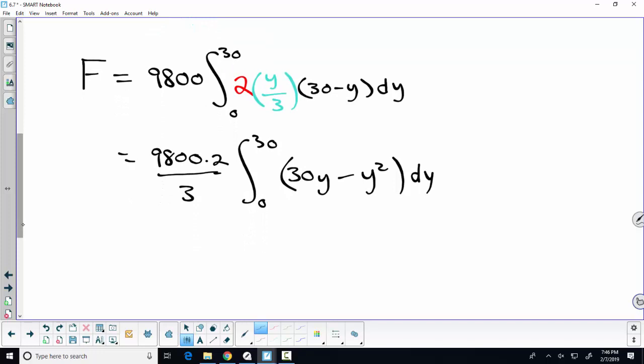Do y'all have any questions on the setup? Huh? This one? The 2 on the left. Yeah, this 2/3 here. Just distribute the y. Yeah, and distribute the y.